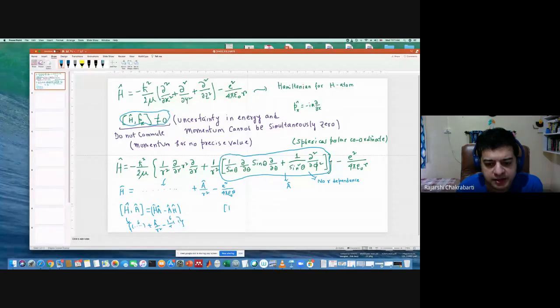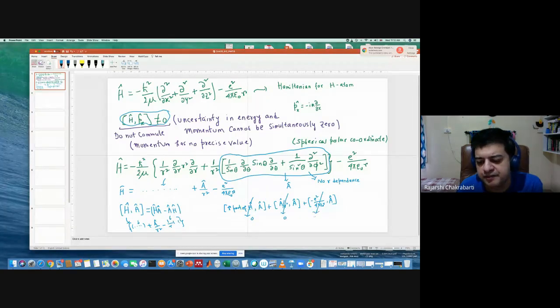So I'll have one part, the R part of the Hamiltonian, comma A, plus A by R square, comma A, minus or plus, isn't it? So all of them are going to be 0. I think it is not very difficult. So your Hamiltonian will commute with this operator.